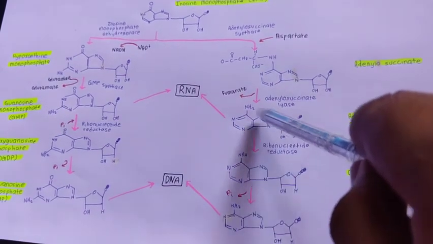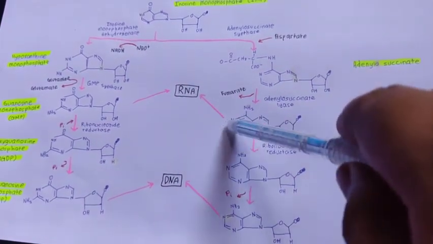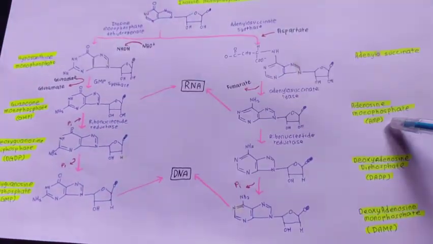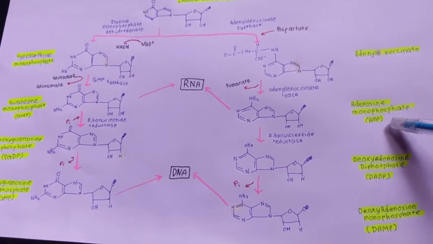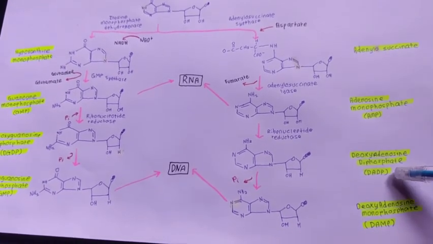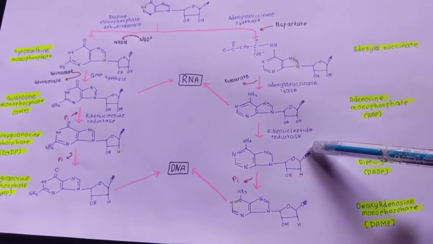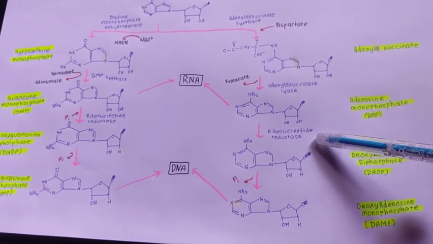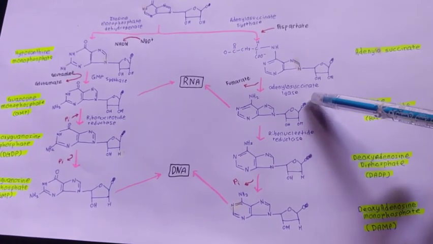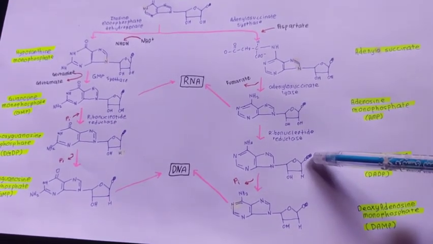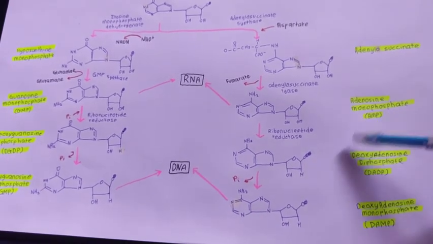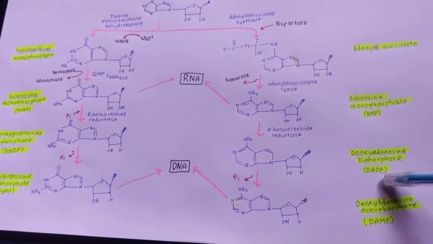This adenosine monophosphate can be used to convert into RNA. This adenosine monophosphate was converted into deoxyadenosine diphosphate using ribonucleotide reductase. So here, this enzyme adds a phosphate group to convert this AMP into dADP.